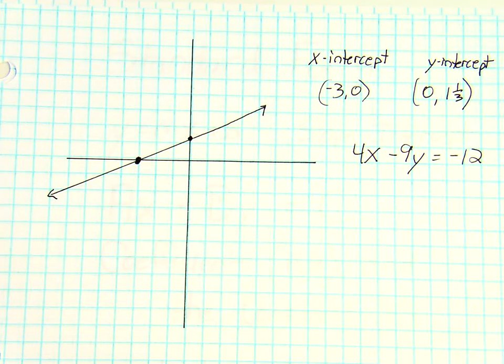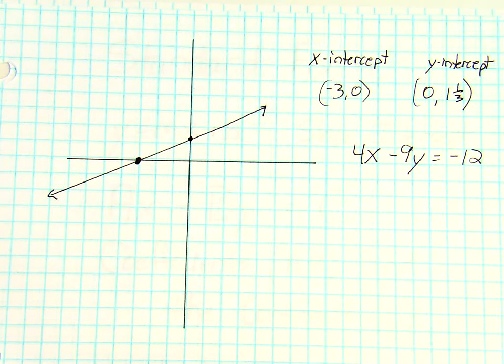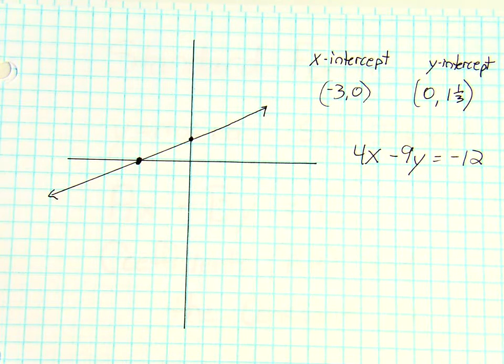Dividing by 5, x is equal to -2, so my point here is -2, 0. Then I have 2y equals -10, dividing both sides by 2, and y is equal to -5. So my point here is 0, -5.